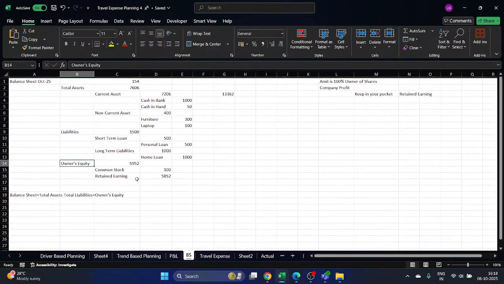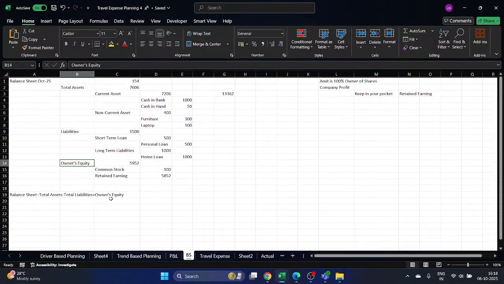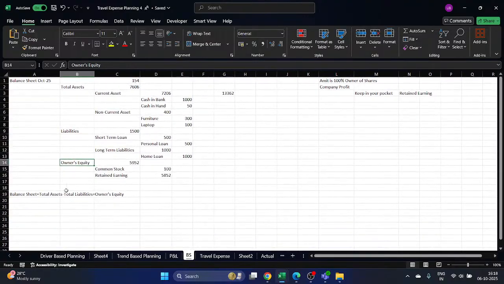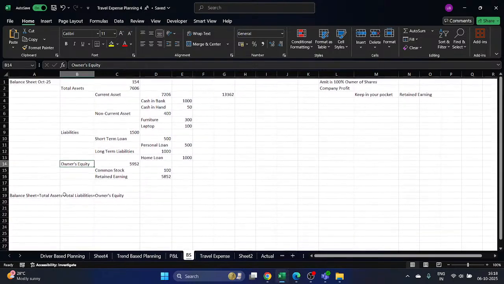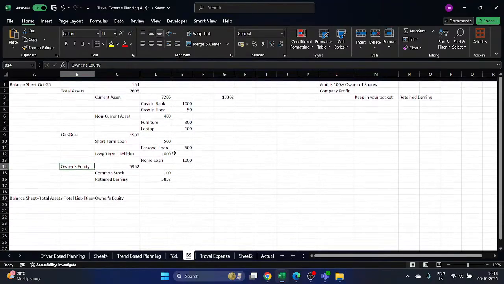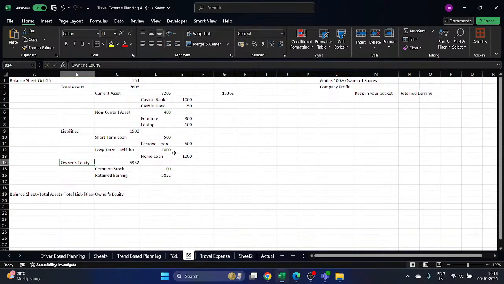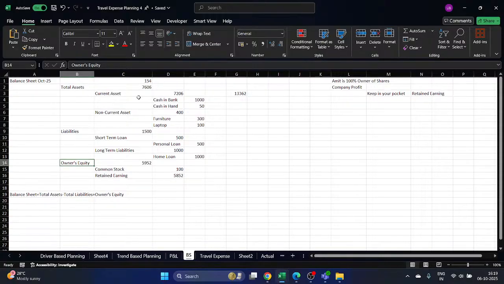So the actual structure of the balance sheet is total assets equals total liability plus owner's equity. So when we add up the total liability and owner's equity, the total assets would be equal to it.